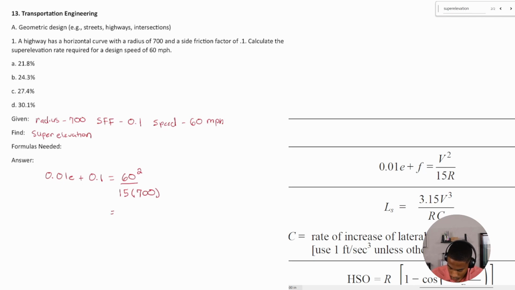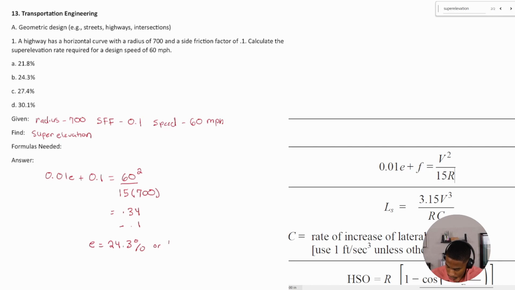I get 0.34, minus 0.1, divide that by 0.01, and so I get my e is equal to 24.3%. Okay, so I get B for my answer.